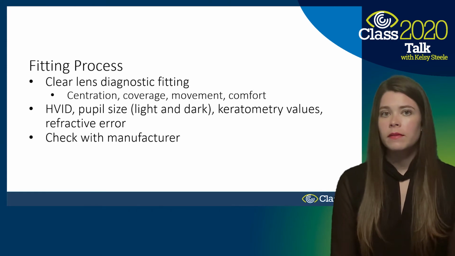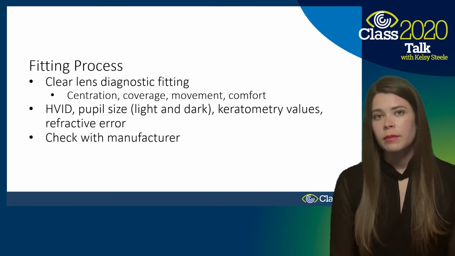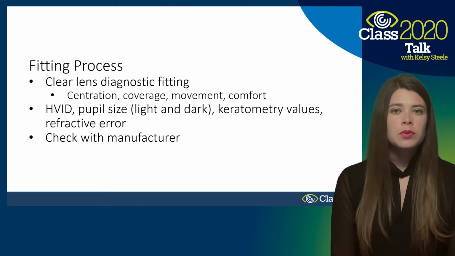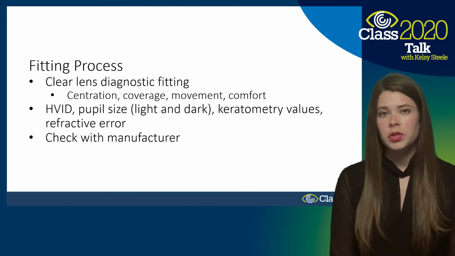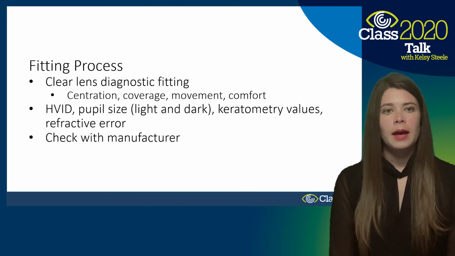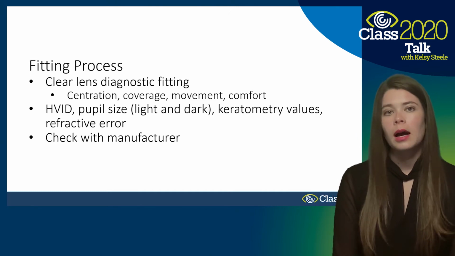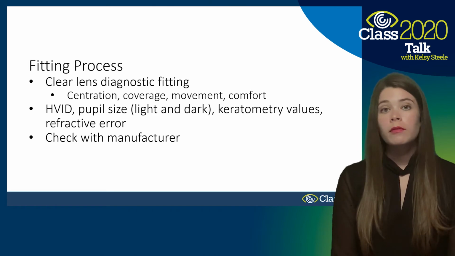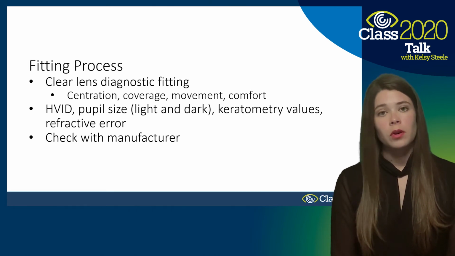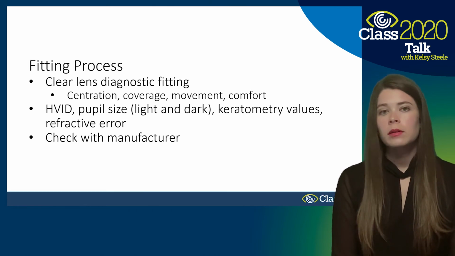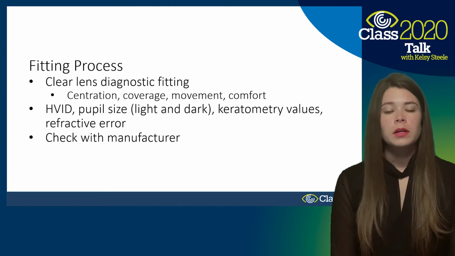We're looking at the movement of the lens, and then we're asking the patient about the comfort. A lot of the times you don't have a lot of specification as far as the materials. Some of the labs have 1, maybe 3 options, but you do have more options as far as base curve and OAD. So you can try to get the fit most comfortable if you can change some of those parameters.